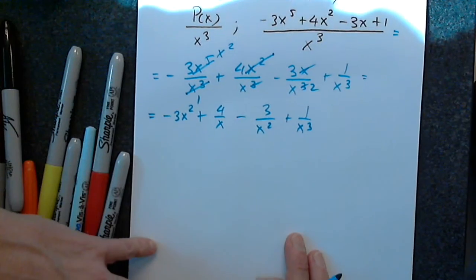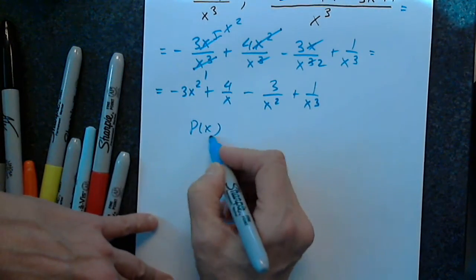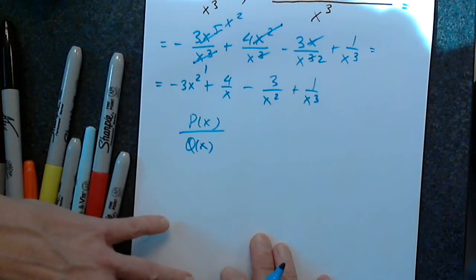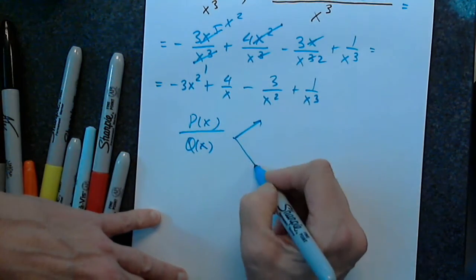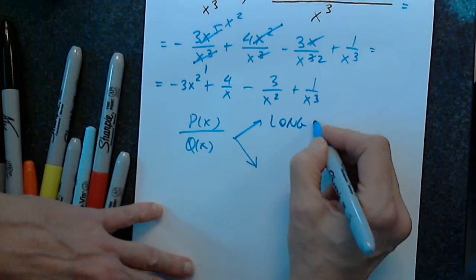Now when we divide a polynomial by a polynomial, so p of x divided by another polynomial, we have 2 options. One option works always, which is long division.